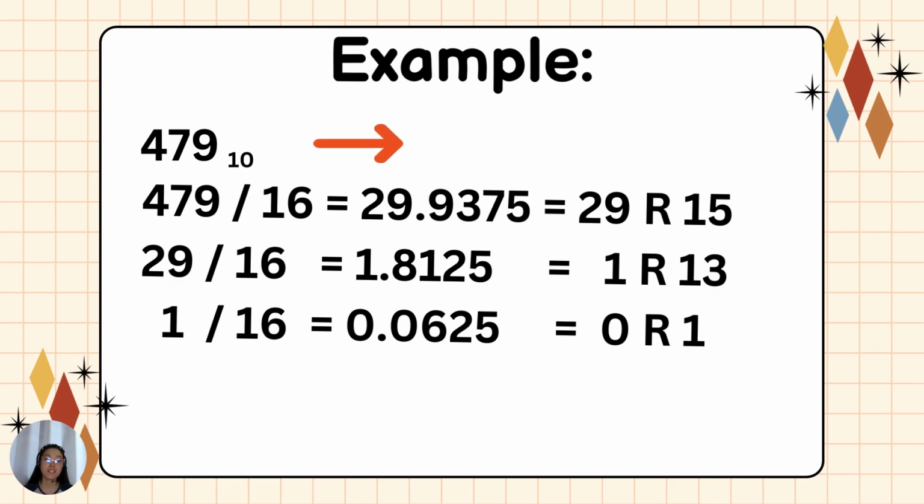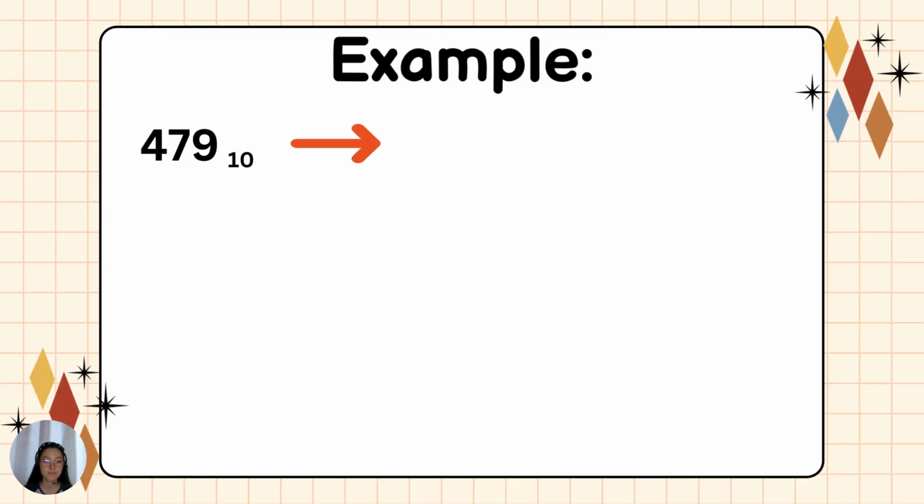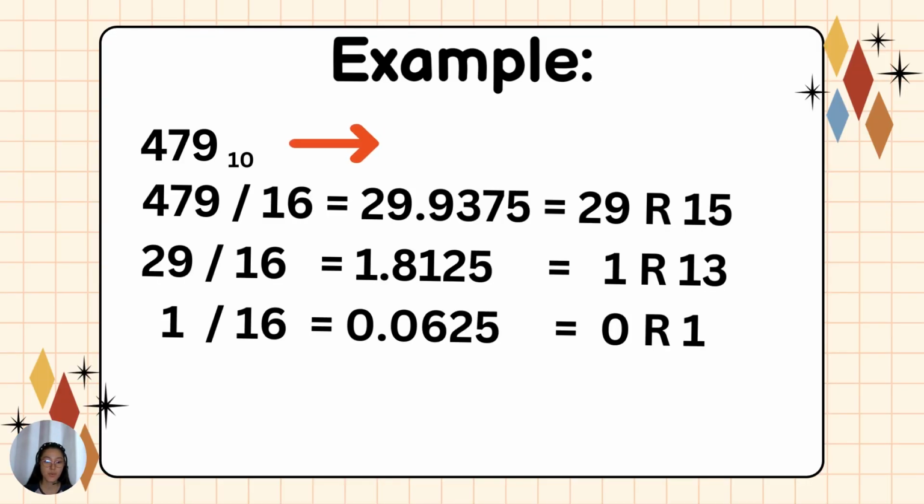So we need to find the hexadecimal equivalent of that. So 479 divided by 16, since hexadecimal consists of 16 digits, equals 29.9375. So we will copy first the whole number, which is 29.